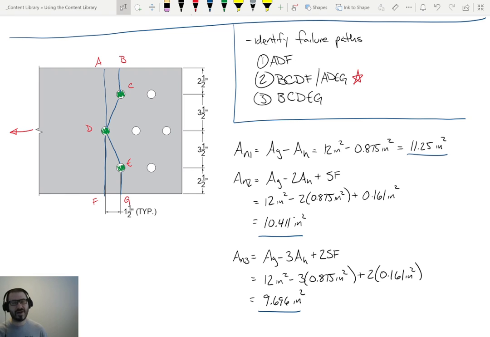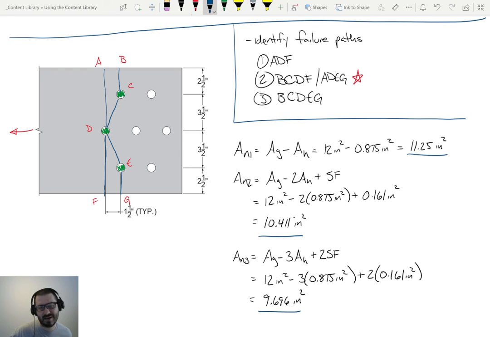So if I'm designing this member and I'm thinking to myself, what number can I hang my hat on? What number can I safely use as the net area in order to rely on that number for capacity? It's going to be the worst case scenario. What's the worst case scenario? The lowest one.